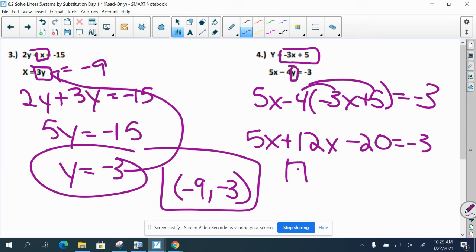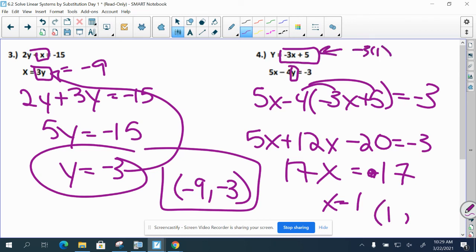This makes 17x. If I add 20 over, that gives me positive 17. So x is 1. So if x is 1, what is y? Well, if you plug 1 back in for x, up here you get negative 3 times 1 plus 5, which is 2. So 1, comma 2.